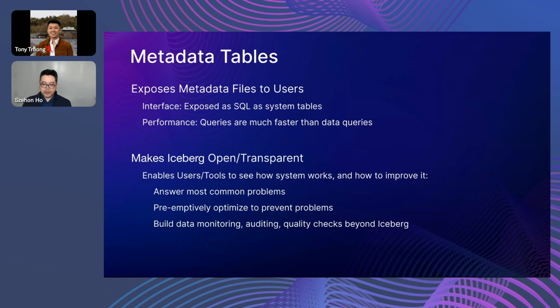And I would even go so far as to say, if you can answer a question using metadata tables, you should do so rather than using data tables, just because querying the metadata files is going to be much faster than querying the data files, given the size. So to me, this is why it's really Apache Iceberg's best secret. It's an underutilized feature, but it makes Iceberg totally open and transparent as a table format.